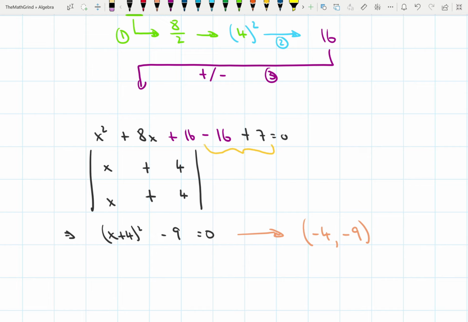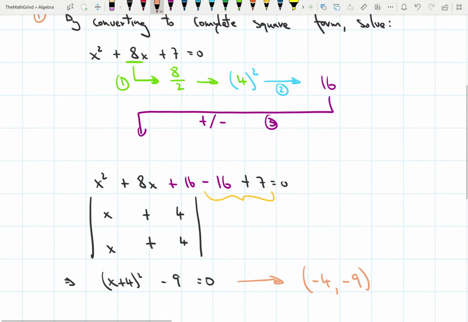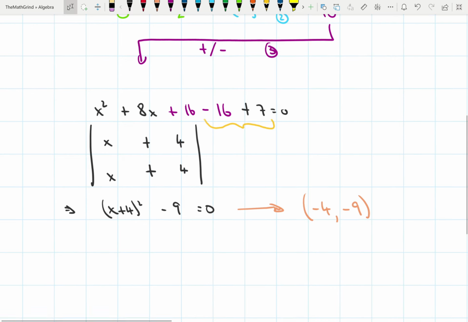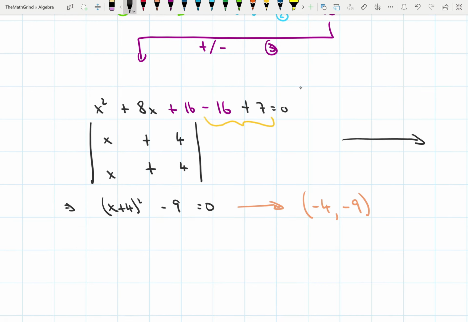Now that point is the turning point of the original equation that we started off with up here at the top. So that is going to be a U-shaped graph. I know it's going to be some U-shaped graph, and I know now that the turning point at the bottom is minus 4, minus 9, and it's a nice quick and easy way to find the turning point without using calculus.